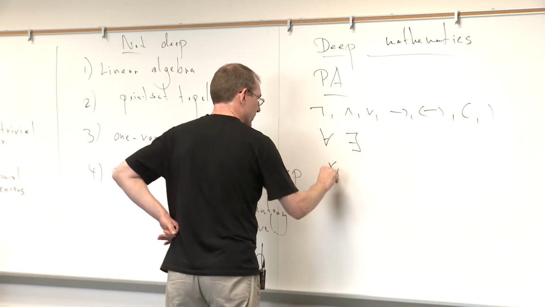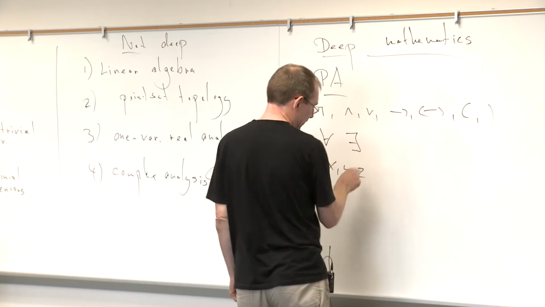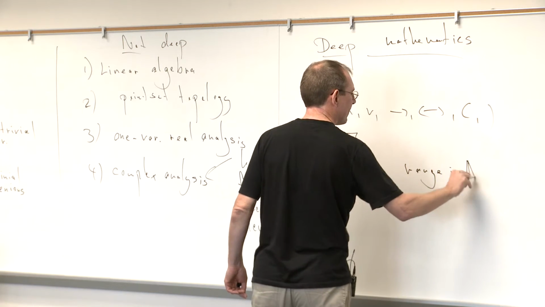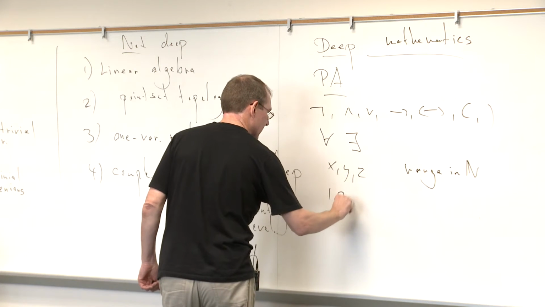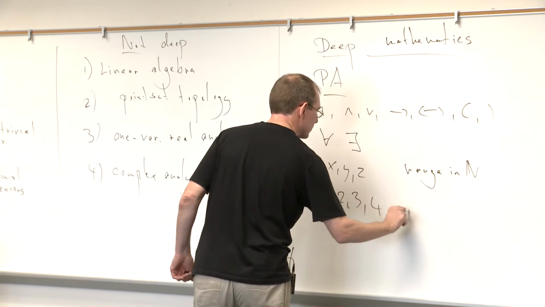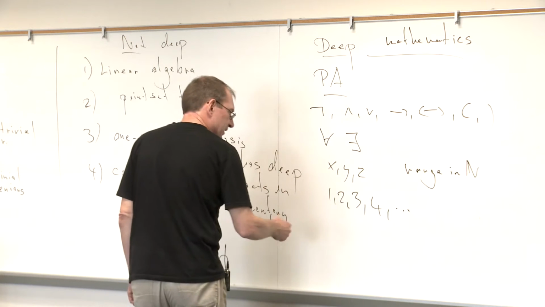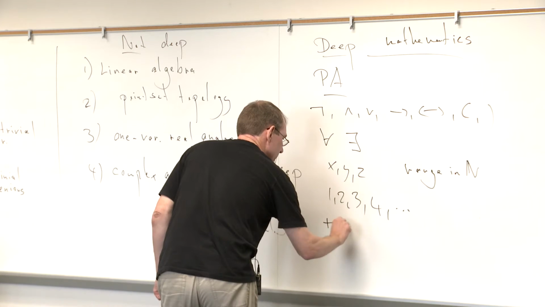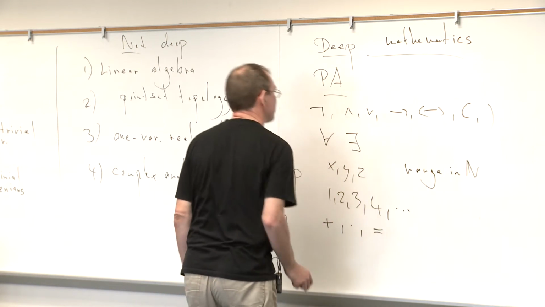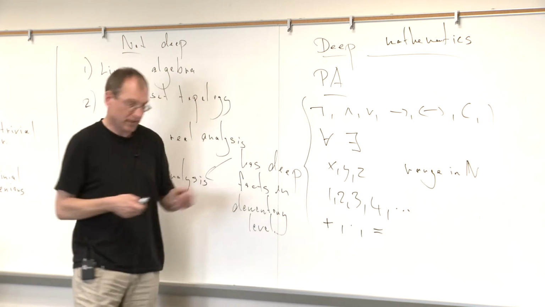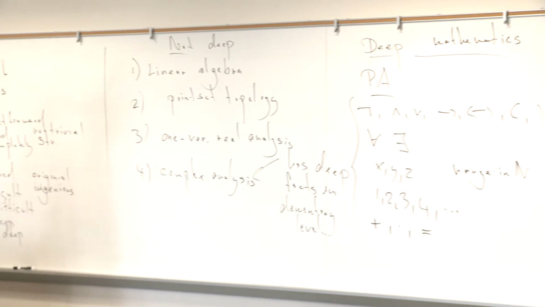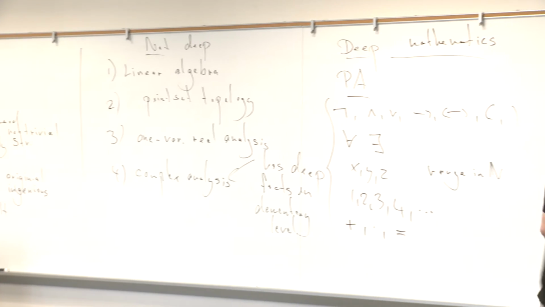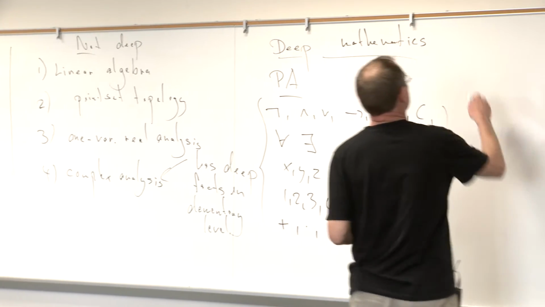You have variables, a countable list of variables, but these variables can only range over the natural numbers. Then you have constants. Then you have these arithmetic operations, you can add, you can multiply, and you have the equality sign. Now you can form statements or predicates. And this whole theory is a first order theory called Peano arithmetic.